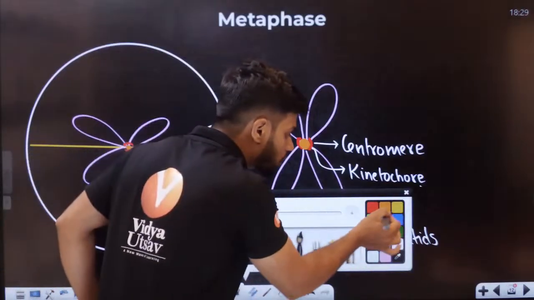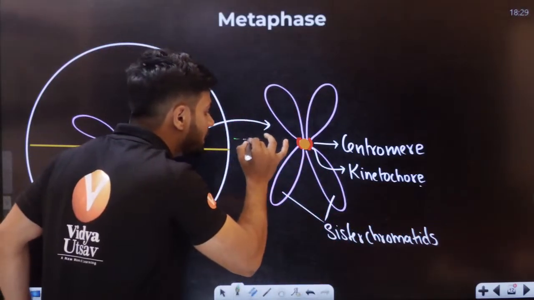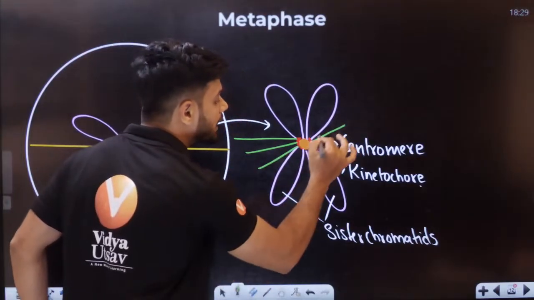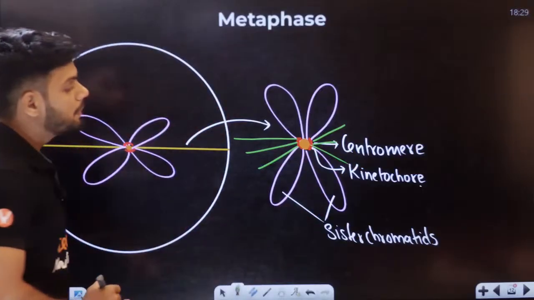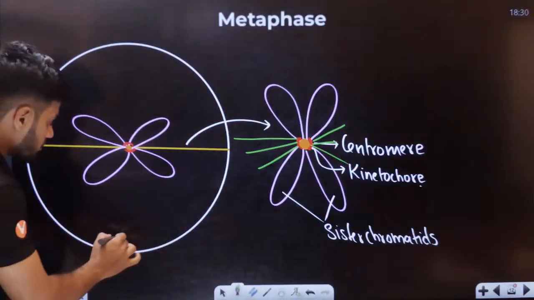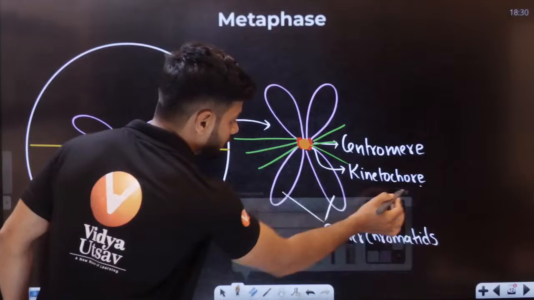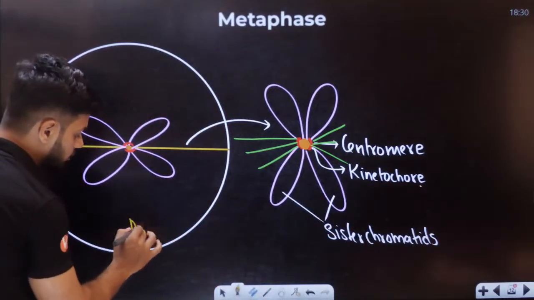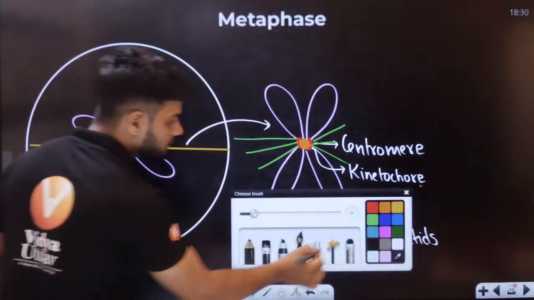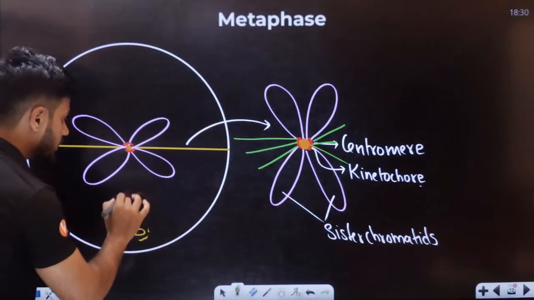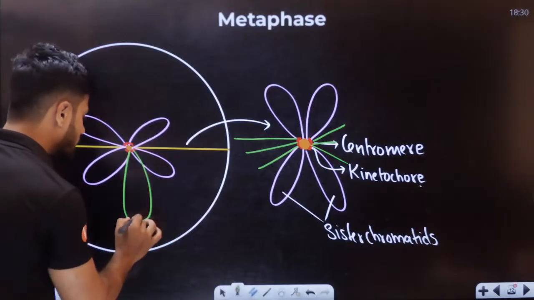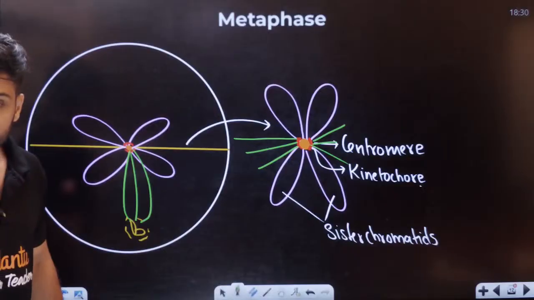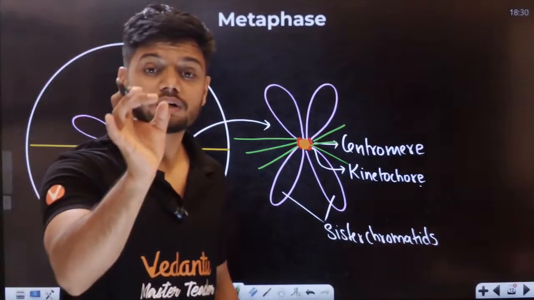Now students, I want all of you to understand the spindle fibers always attach to the kinetochore. I'll draw only one side. Here we have the centrosome, and from here the spindle fibers arise. They will always attach to the kinetochore.